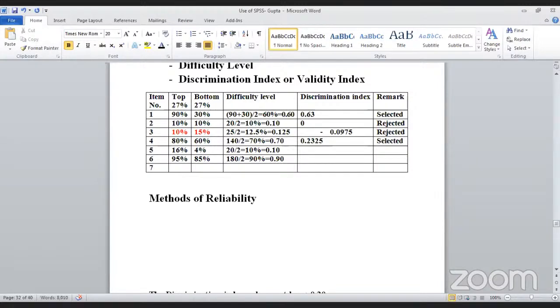Okay, this is your test booklet. But I had told you that you should not use the test booklet, because if you are collecting data from a larger number of people, then you need a larger number of test booklets, and it will be a wastage of time. So now we are going to the final tryout.